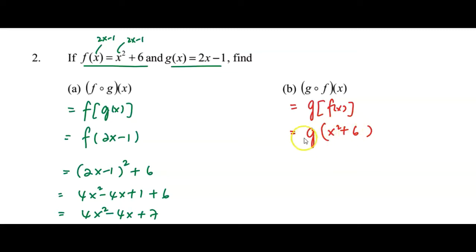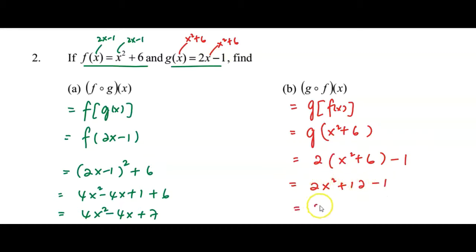Then g(x squared plus 6) means that now we focus on the function g. This x now is going to be replaced by x squared plus 6, and the same as this one. So the x will be replaced by x squared plus 6. Now you have 2 in the bracket, x squared plus 6, and then minus 1. Simplified, you get 2x squared plus 12 minus 1, and so you have 2x squared plus 11.